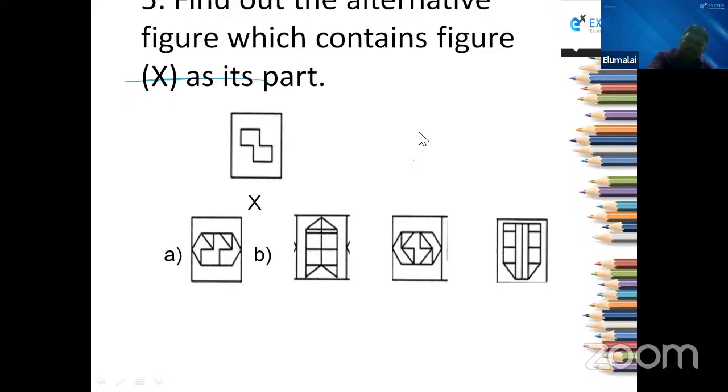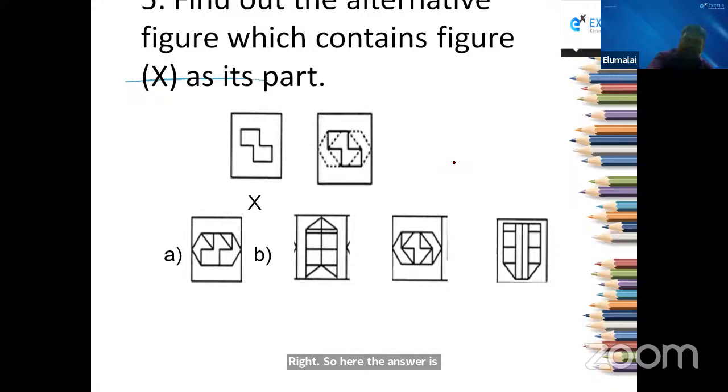So here the answer is option B. You can look at this.